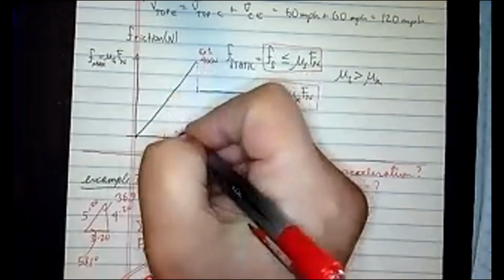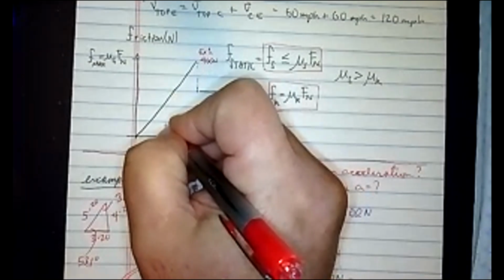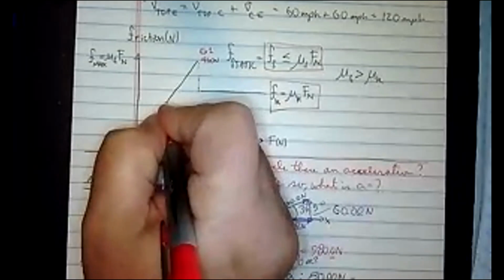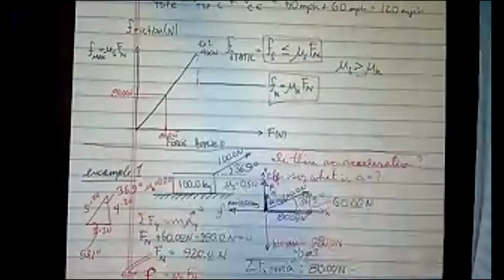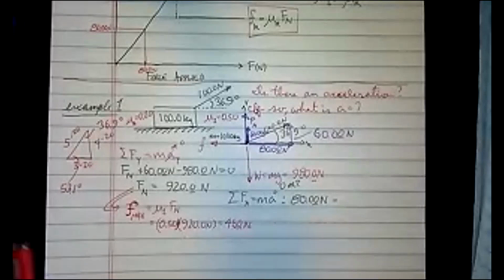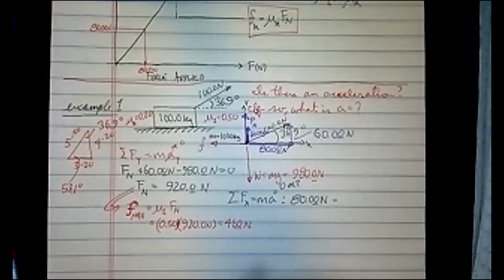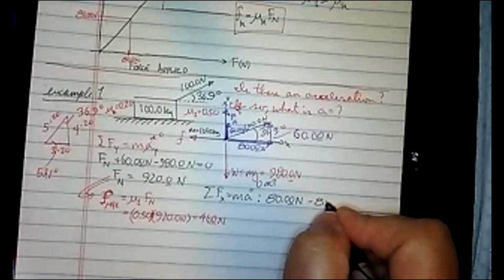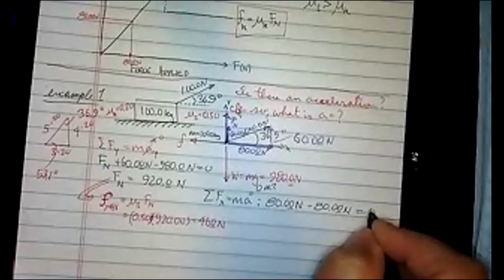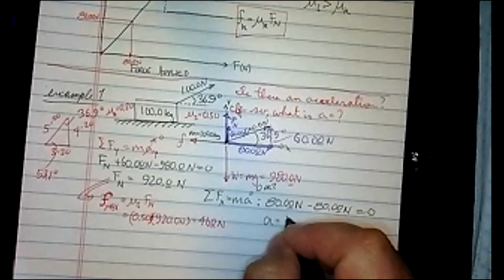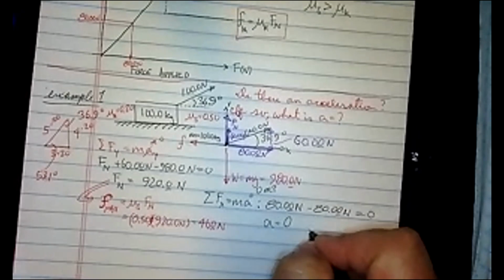So I know that's less than 460, so I'm just going to go here and back to here, and that's going to be 80.0 newtons, because that's what this graph tells us. So I can now write 80 newtons minus 80 newtons is equal to 0. So a is equal to 0, and no is the answer.